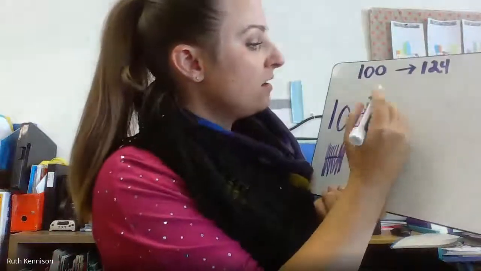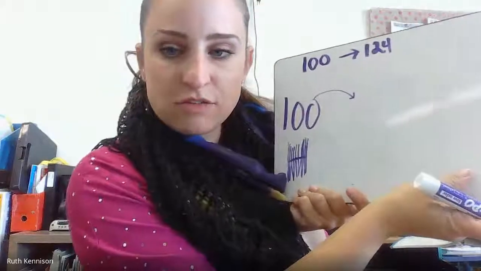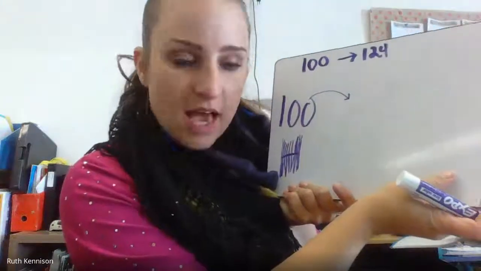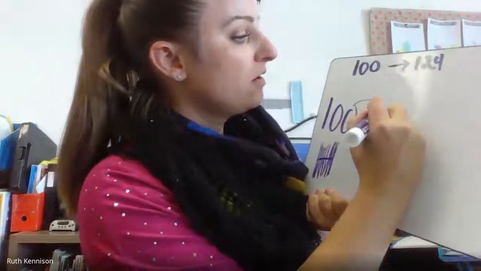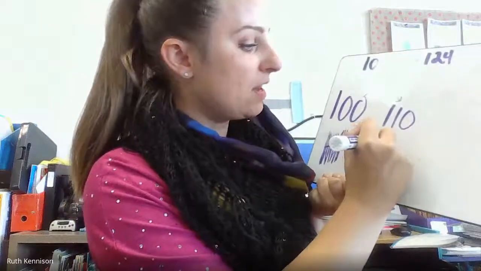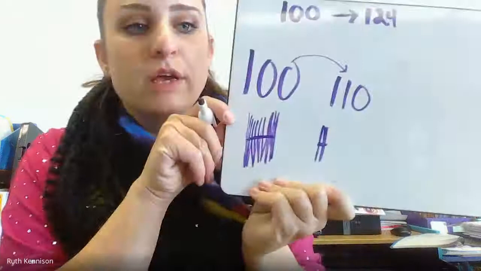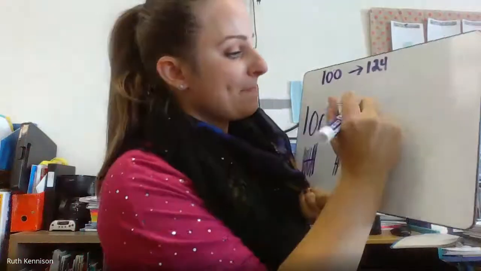And then what comes next? It's probably going to be easiest for me to count by tens. 100 to 110. Okay, and I'm just going to add that bundle of 10, which is going to be a smaller looking bundle than my bundle of 100. And so that would be counting by 10 more.